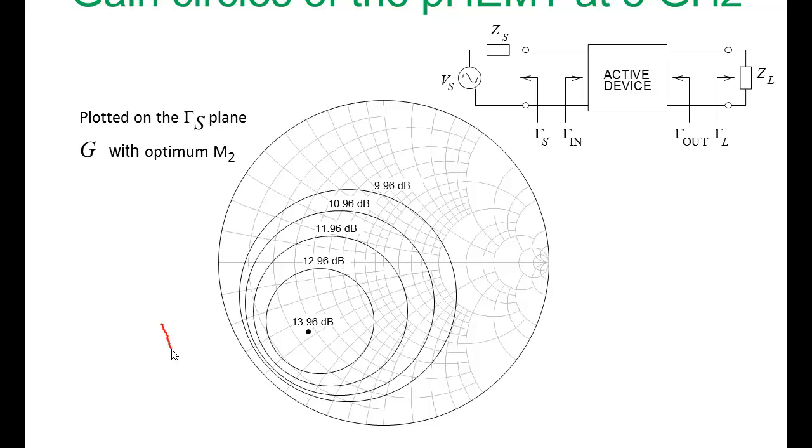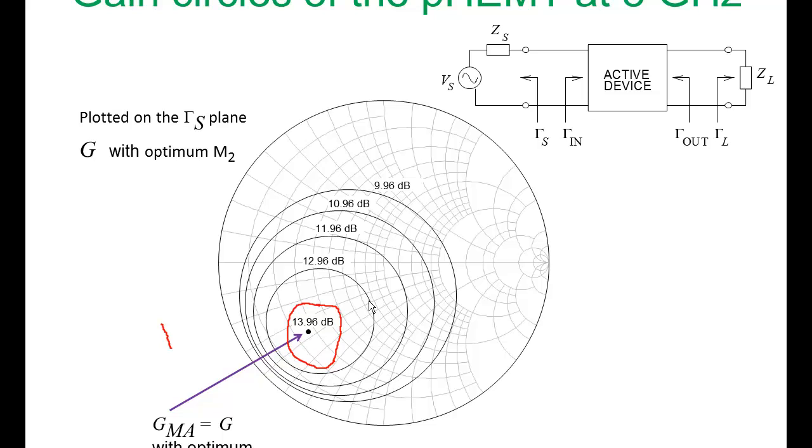This is the gain with optimum M2, that is with the optimum output matching network. Shown in the center here is the maximum available gain. This is the gain with optimum M1 and M2, and this is 13.96 dB. In the previous table we said it was 14.0 dB.